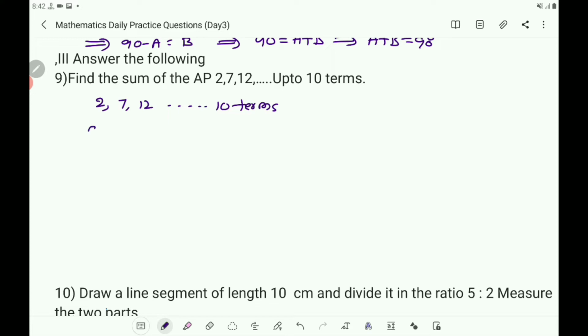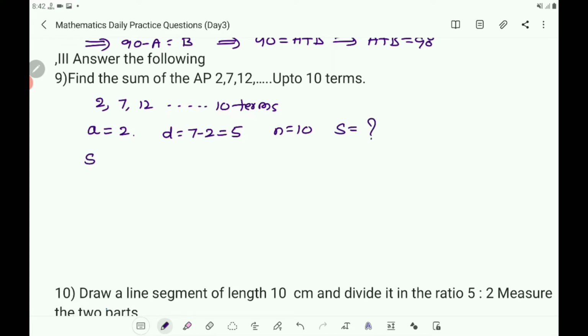Here take a equals 2 and d equals 7 minus 2, that is 5, and n equals 10. So what we have to find out? We have to find out S equals question mark.